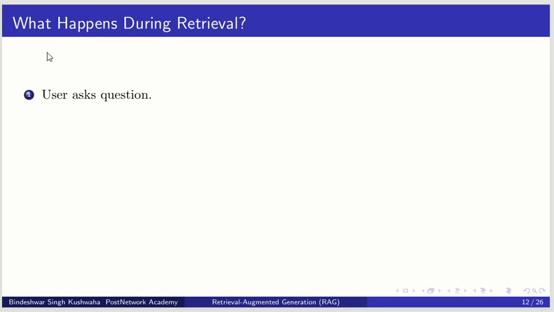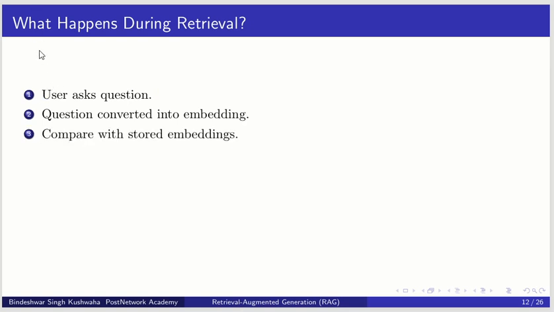So what happens during retrieval? The user asks a question, thereafter the question is converted into embeddings, thereafter compared with the stored embeddings. The already stored embeddings would be compared. Thereafter select the top k similar chunks.